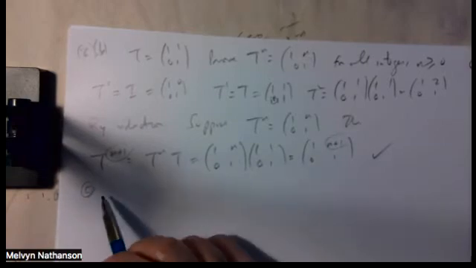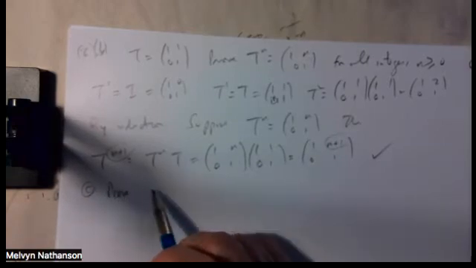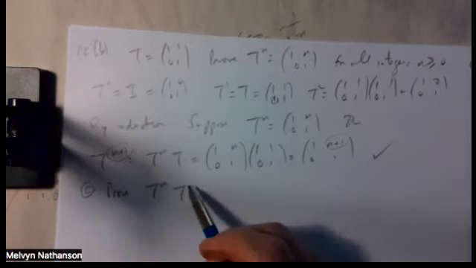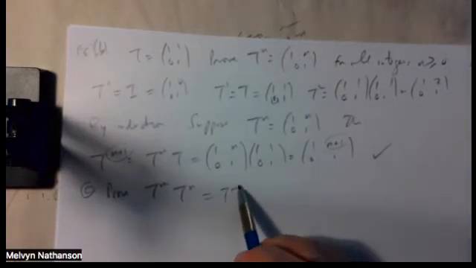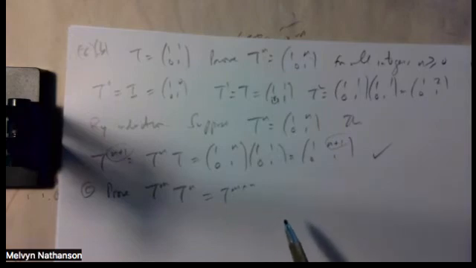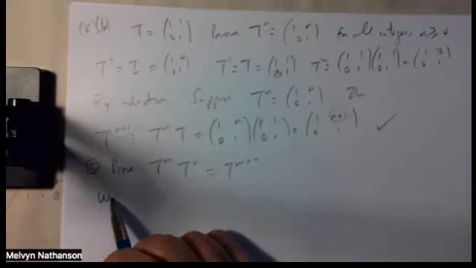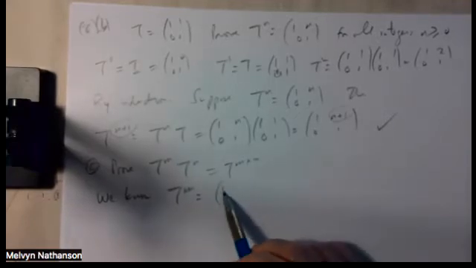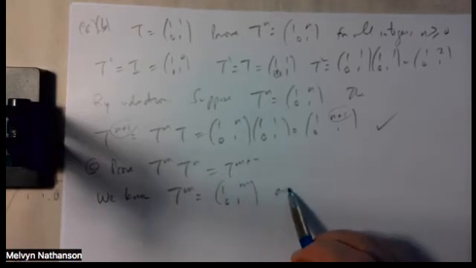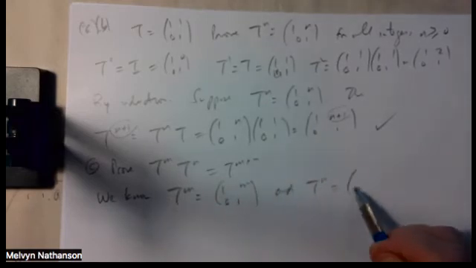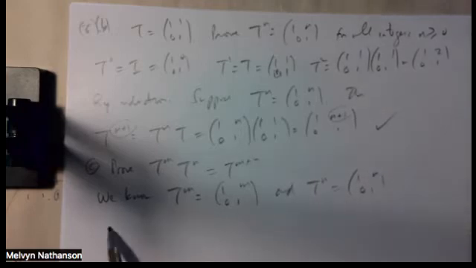And part C is to prove that T to the m times T to the n is T to the m plus n. But the simplest way to do this is to use part B. So we know T to the m is 1, m, 0, 1, and T to the n is 1, n, 0, 1. So T to the m times T to the n, 1, m, 0, 1 times 1, n, 0, 1.